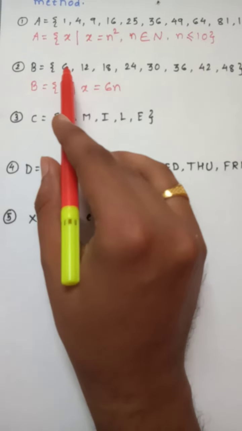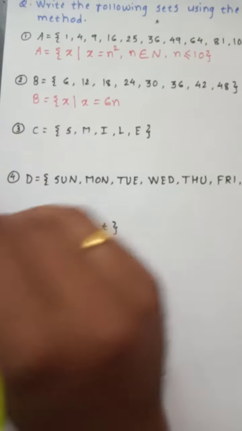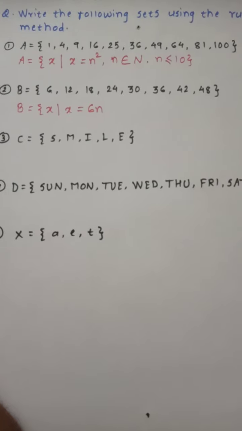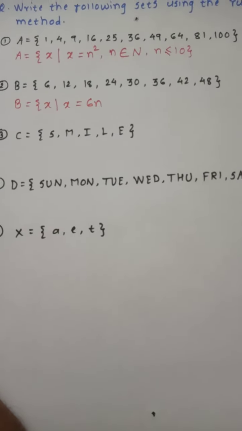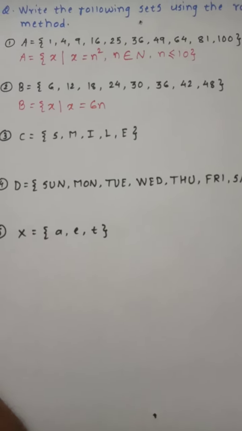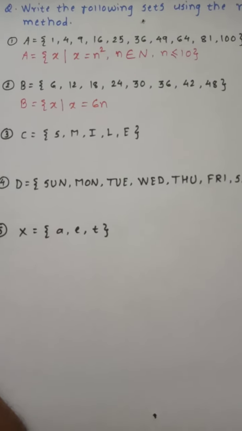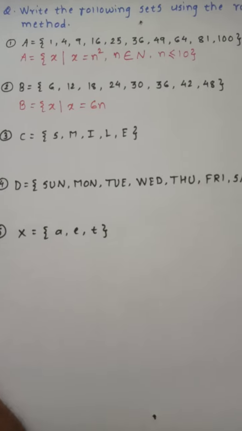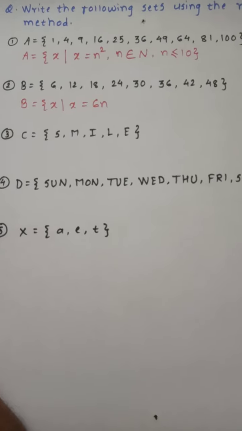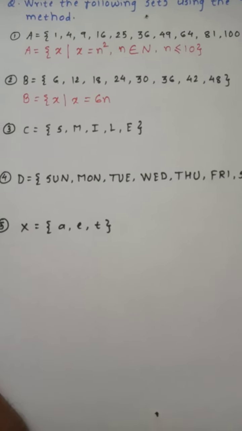See, 6 into 1 is 6, 6 into 2 is 12, 6 into 3 is 18. So the value of small n is 1, 2, 3 up to 8, because 6 eights are 48. So only up to the value of 8 the small n is running.